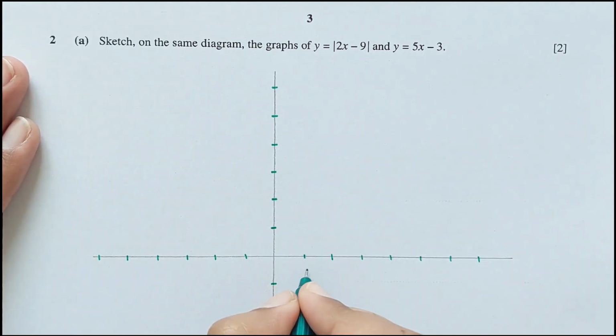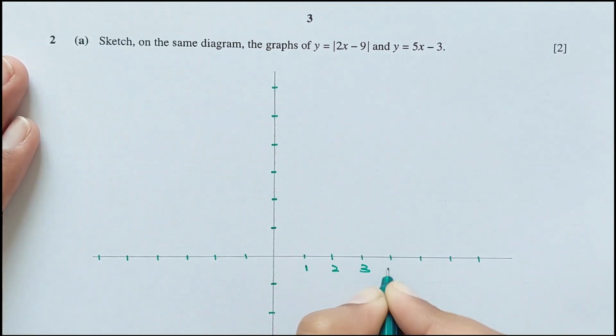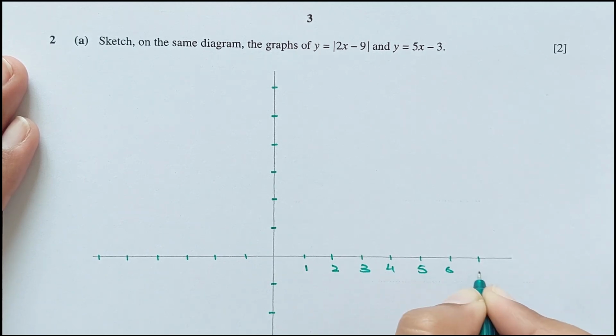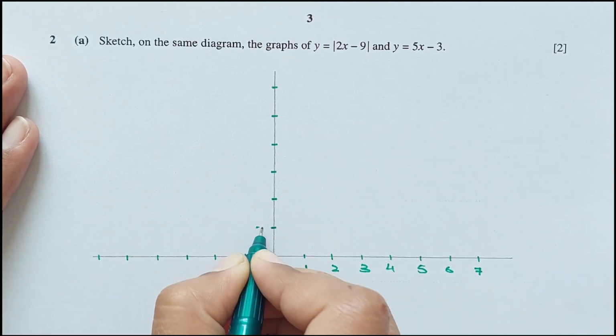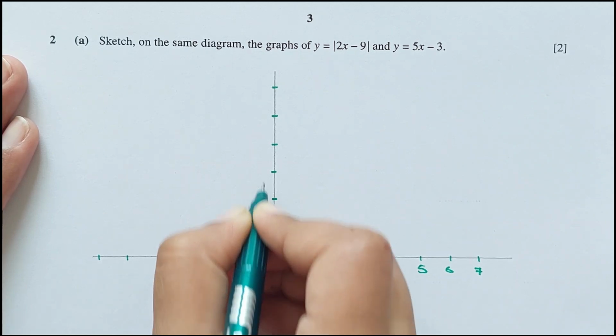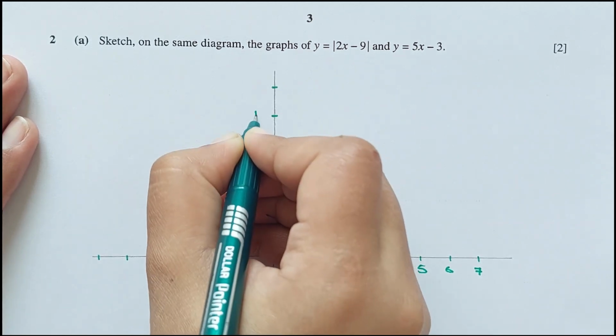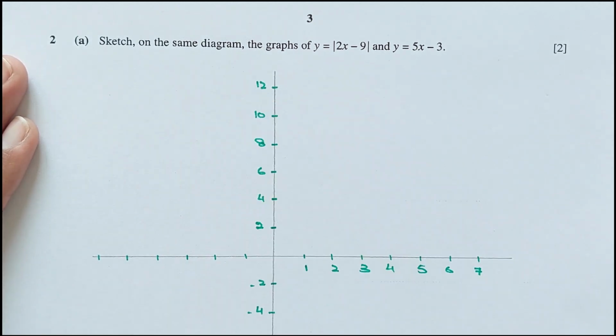If I do the scale of 2, 4, 6, 8 with a negative sign, you have 2, 4, 6, 8, 10, 12.